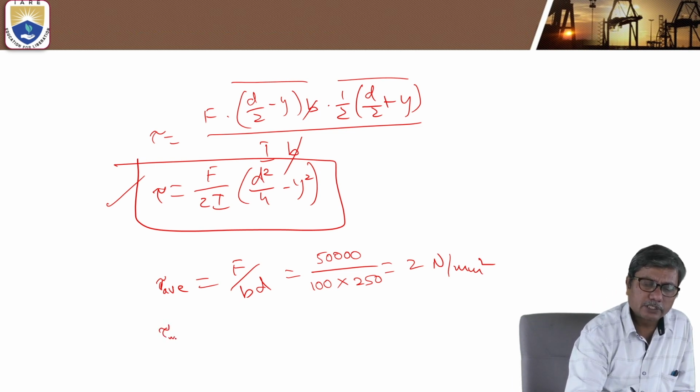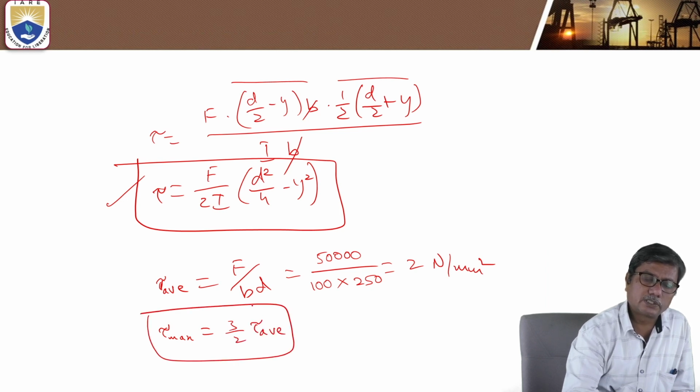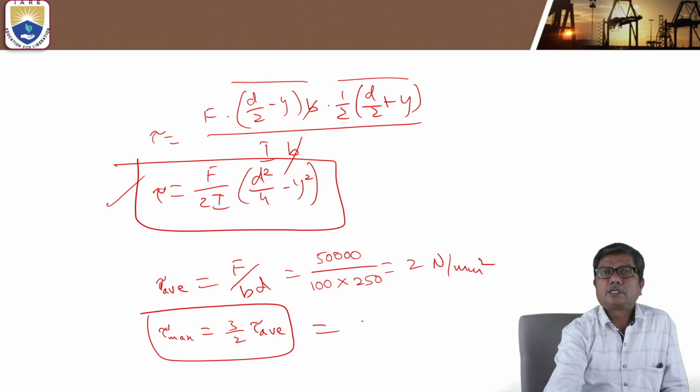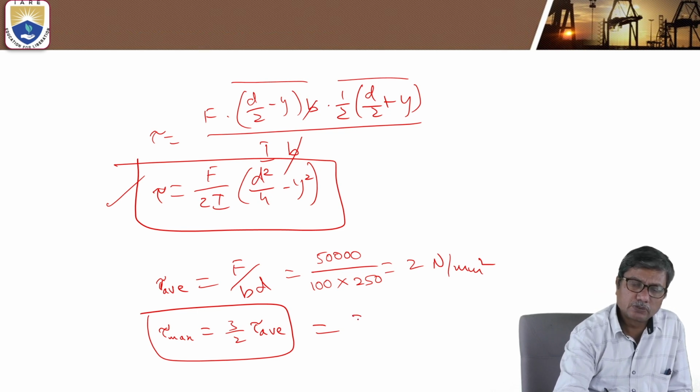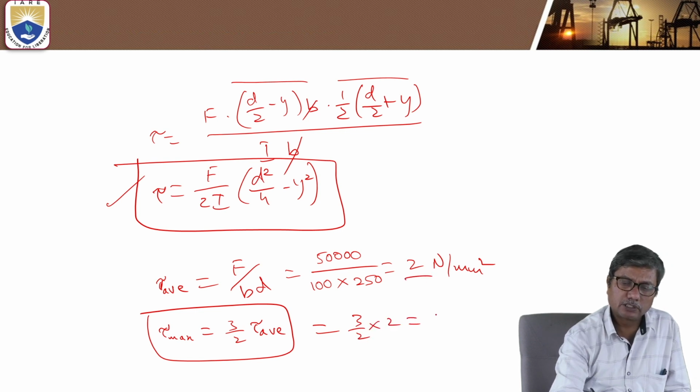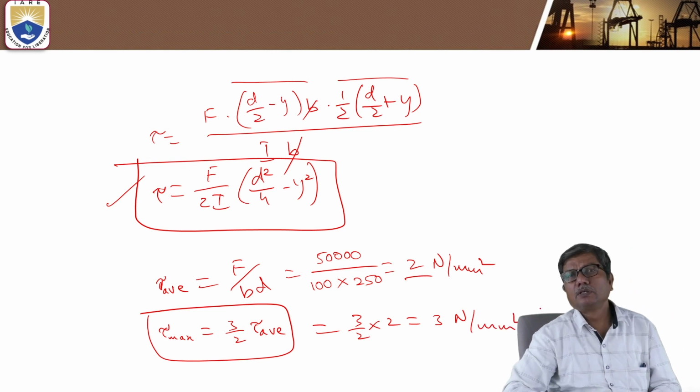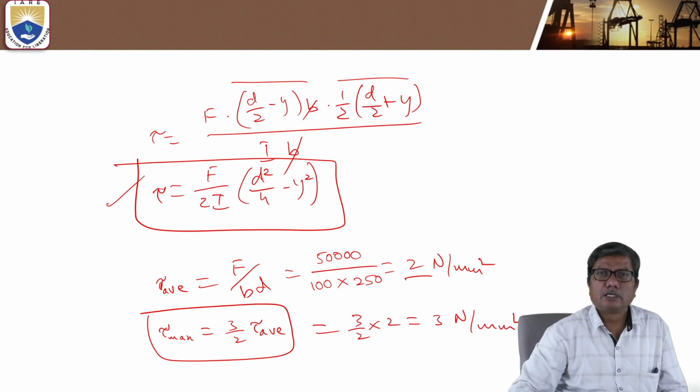And maximum shear stress is 3 by 2 times average shear stress. This is the relation for maximum and average shear stresses in case of a rectangular section. So it is 3 by 2 times 2, that is 3 Newton per mm square. The maximum shear stress is 1.5 times the average shear stress in case of a rectangular section.